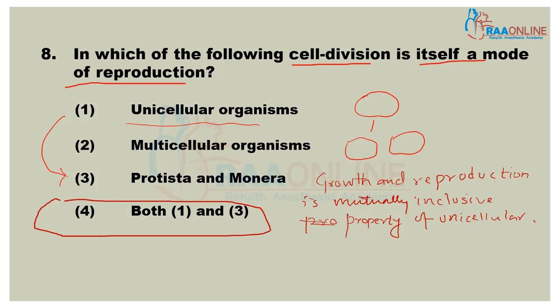So when the cell divides, their number increases. So growth as well as reproduction both take place. So question number 8, answer is 4.